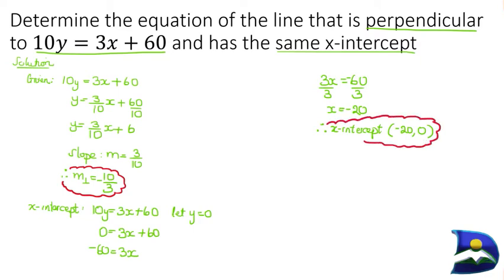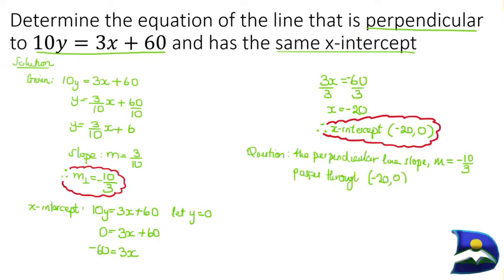Therefore, we have the two critical pieces of information required for us to create the new equation that is indeed perpendicular to the original equation. One is that we have the slope, which is the perpendicular one, the negative reciprocal, which is -10/3, and the x-intercept, which in this case is (-20, 0).